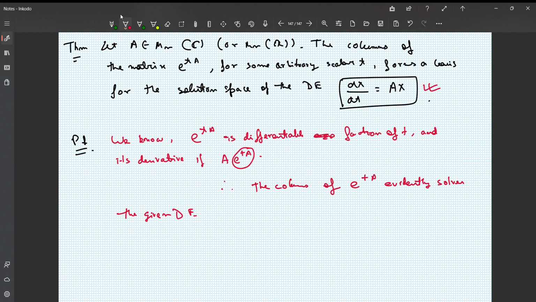So it suffices to show that every solution is a linear combination of the columns.